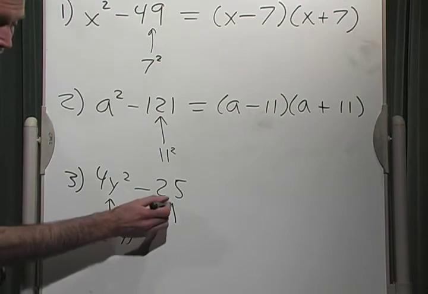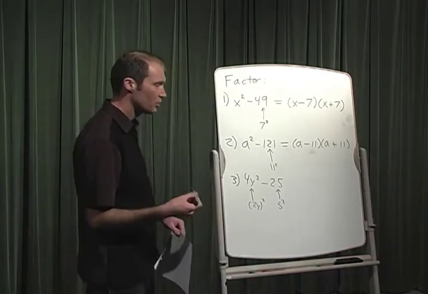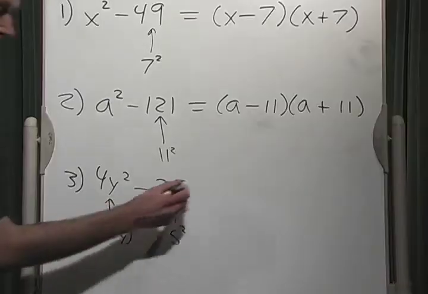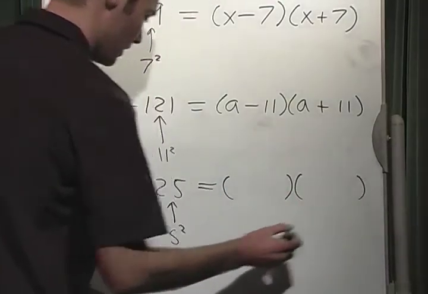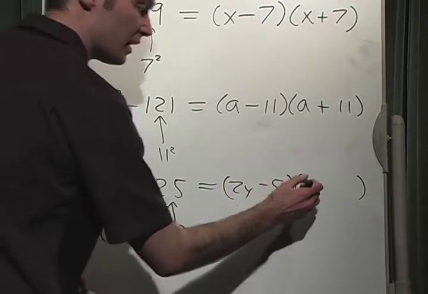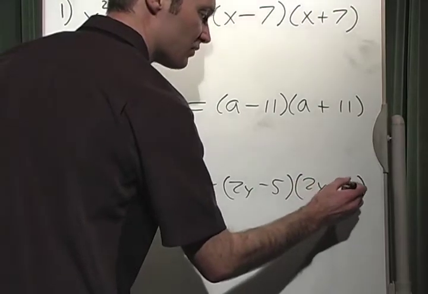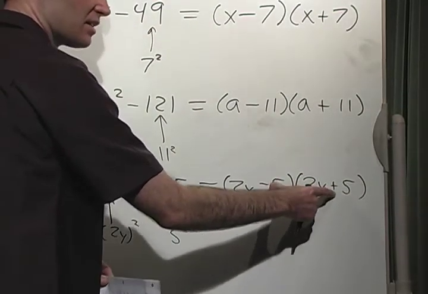And of course, 25 is just 5 squared. So see if you could break it down before I actually write it on the board. This is going to become 2y minus 5 times 2y plus 5. Remember, the order doesn't matter. This could be a plus and this a minus.